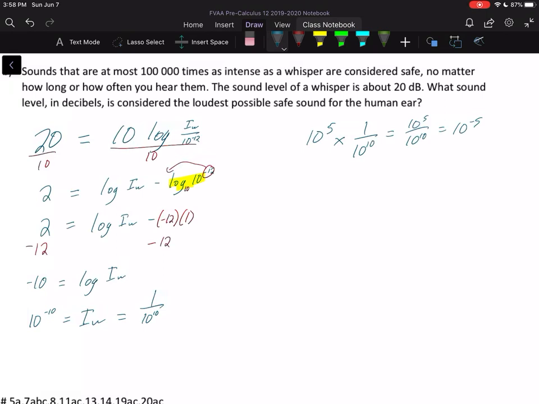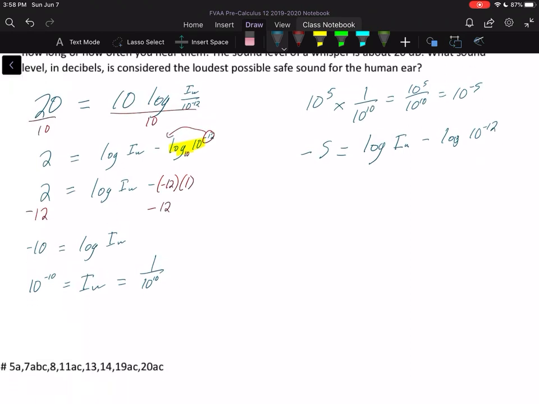And so if I go backwards then, I can put this negative 5 into my equation of log of maximum intensity, max, minus log 10 to the negative 12.